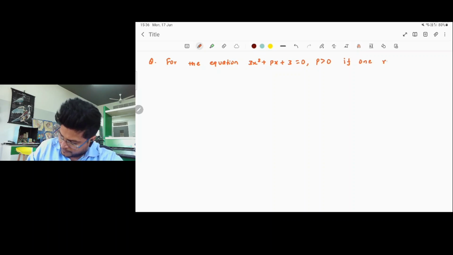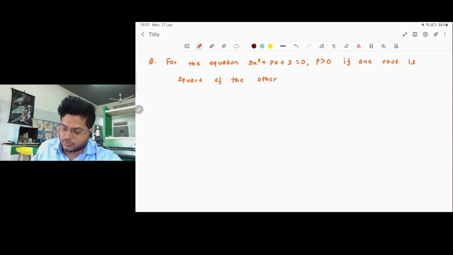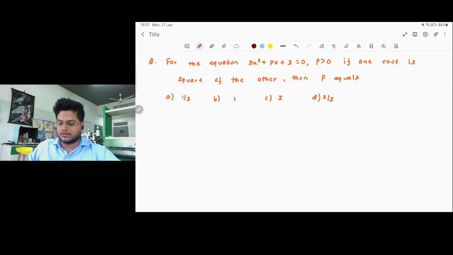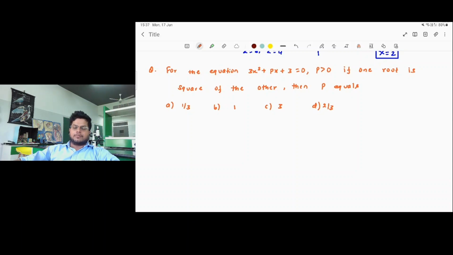If one root is square of the other, then p equals your first option is 1 by 3, second option is 1, third option is 3, and fourth option is 2 by 3. I hope you can relate this with the very first template that we have discussed.